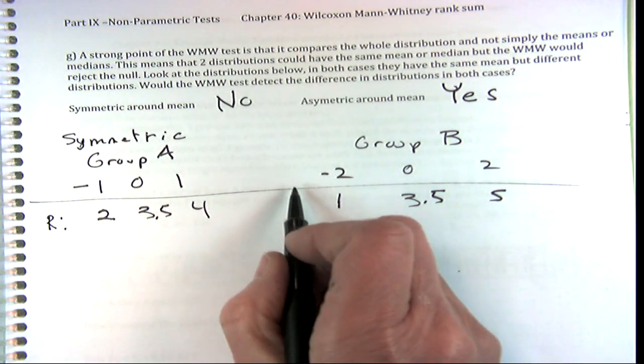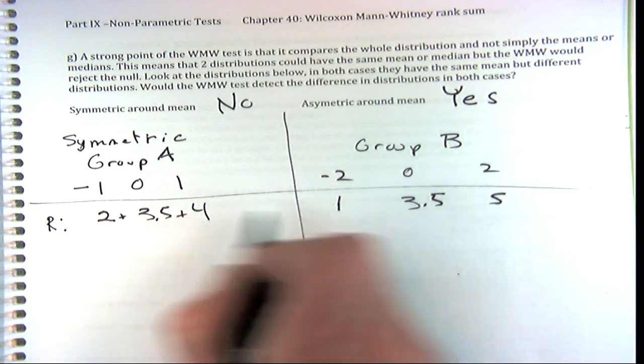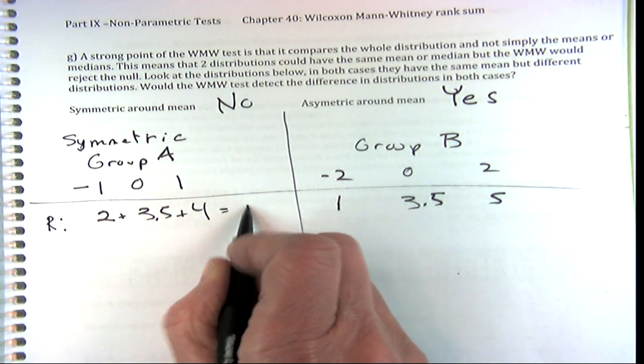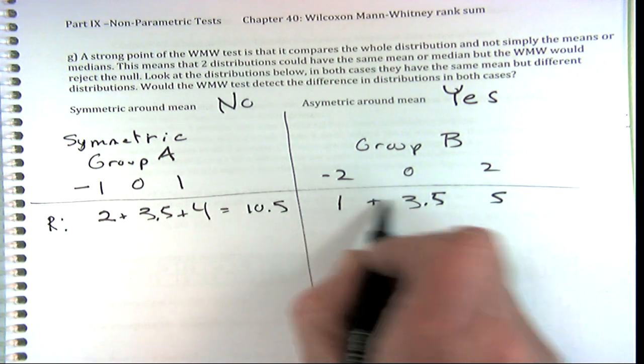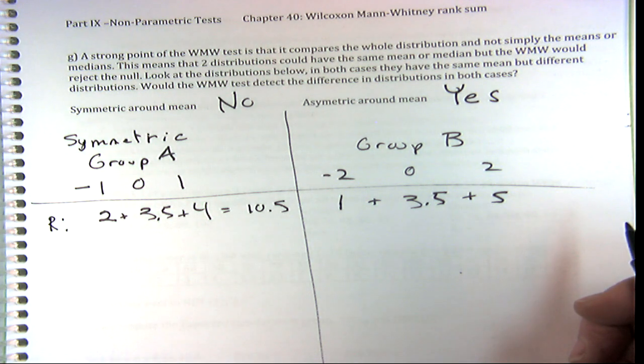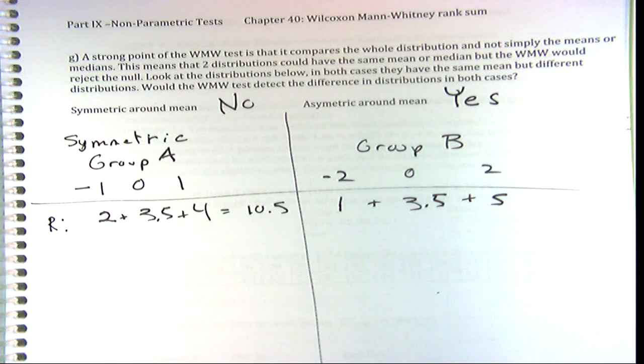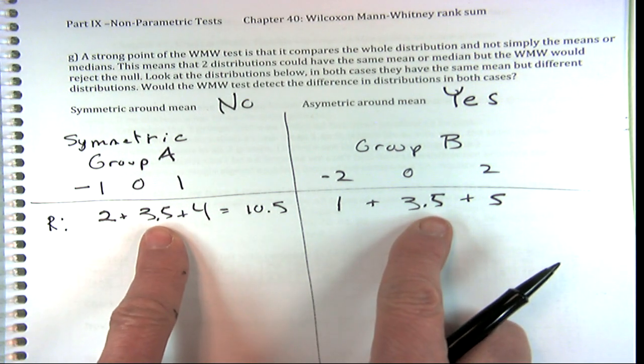So when we add them up, we get 10.5 here, and we get 10, no, I did this wrong. There's 6 numbers. I knew that I had to do it wrong. Yeah, see, that's a good check. There's 6 numbers. So look what I did, and not on purpose.